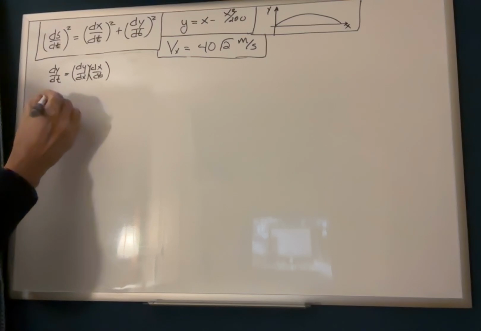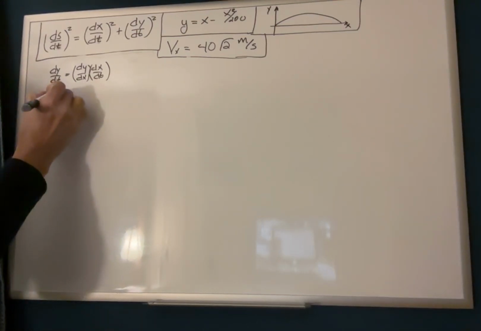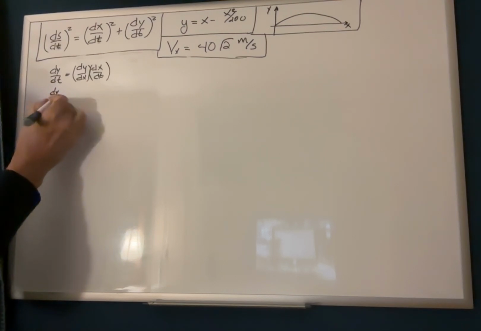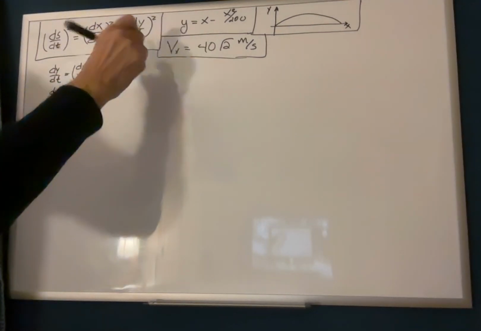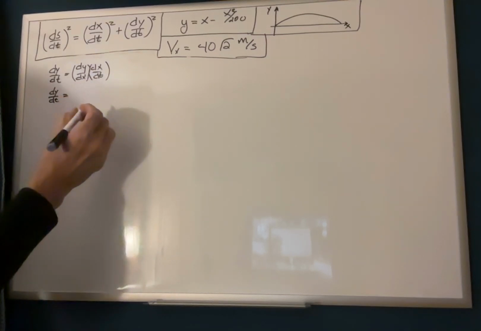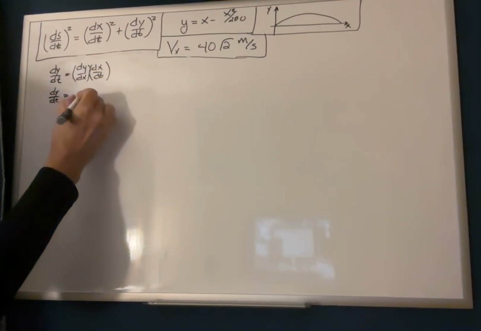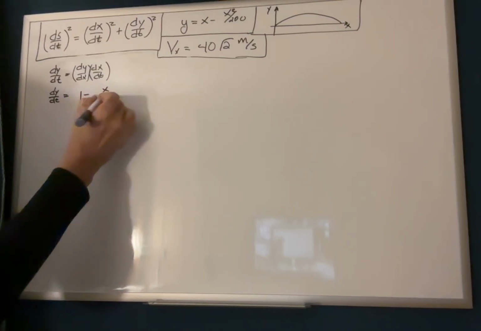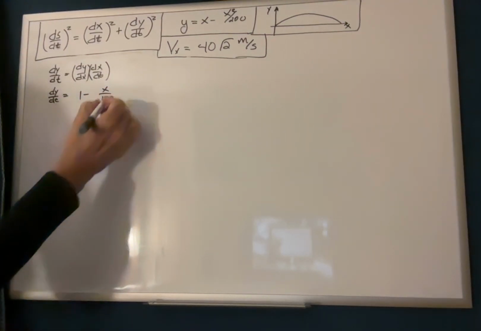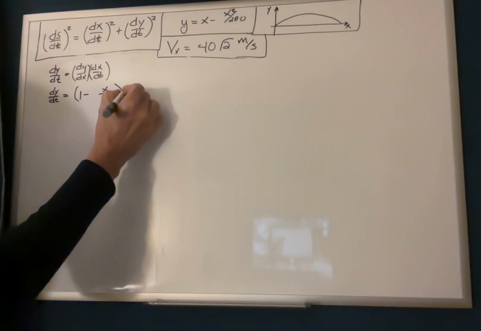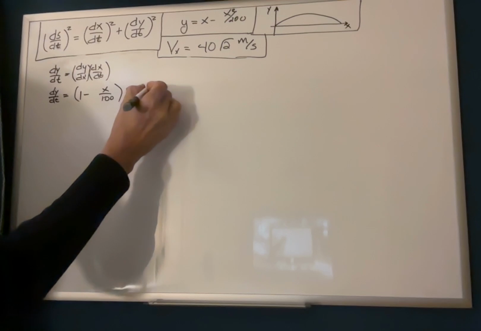So let's do that. dy/dt is going to be equal to the derivative of this thing, which is dy/dx, which is going to be 1 minus x divided by 100, and we're going to be multiplying this by 40 times the square root of 2.